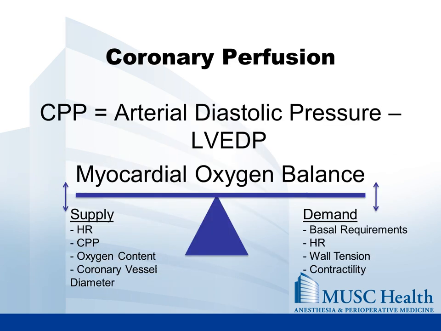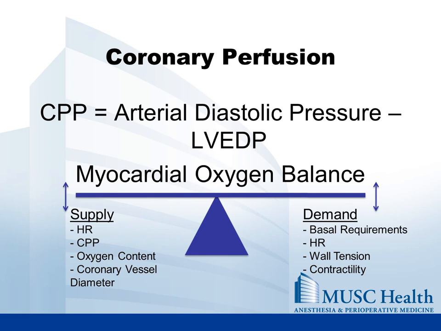Coronary perfusion. So your coronary perfusion is based on, sort of like when you talk about cerebral perfusion a little bit, your diastolic pressure minus your left ventricular end diastolic pressure. And a lot of it is affected by, when you talk about perfusion of your heart, supply versus demand, right? Especially in terms of oxygen consumption.